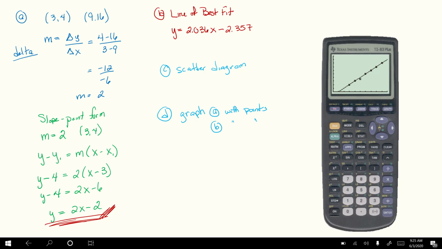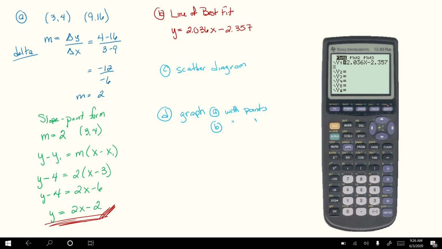And now I'm going to go back in because they said graph the line from part B, which was the line of best fit. So we have 2.036x minus. Remember to hit the minus key, not that negative key down there. Otherwise your calculator is not going to function properly.